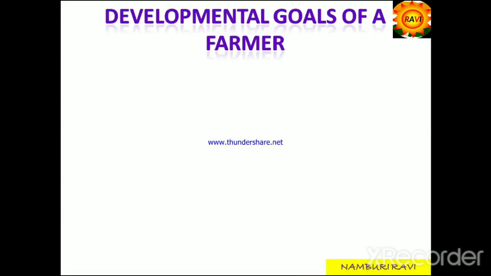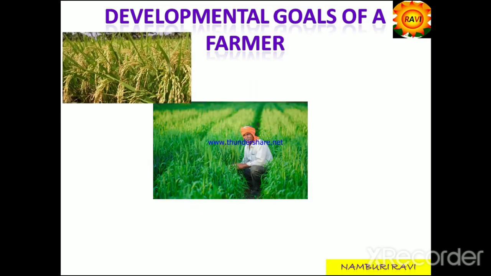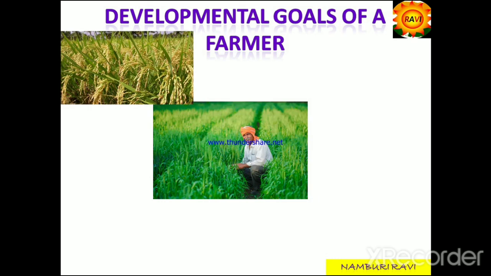Now we will learn about the developmental goals of a farmer. Generally we can expect that the first developmental goal of a farmer is more crop production. Every farmer expects to get more crop production from his agricultural field, because the farmer has very small land holdings.